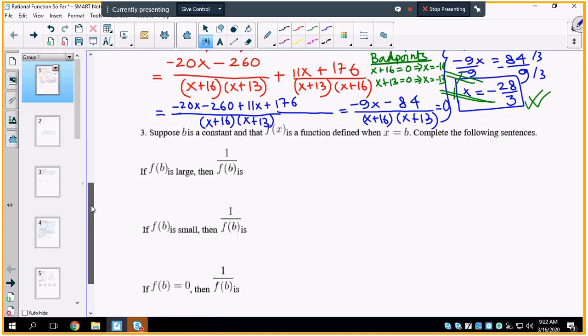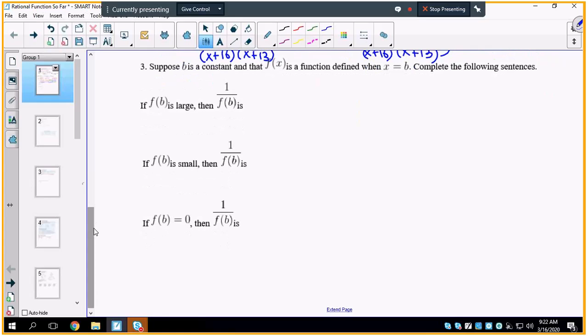The next problem, of course, as we can see, is talking about b being a constant. I want to understand f(x) when b is given as follows. So what it says is, if f(b) is large, then 1 over f(b) is what?